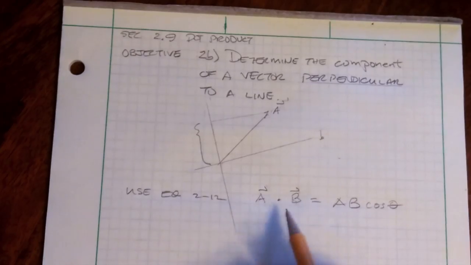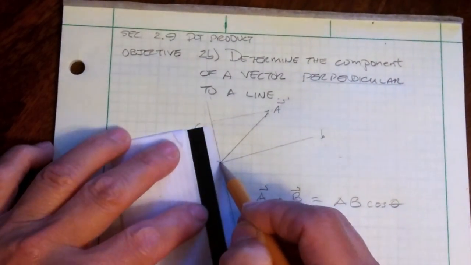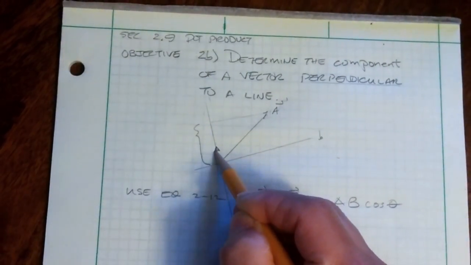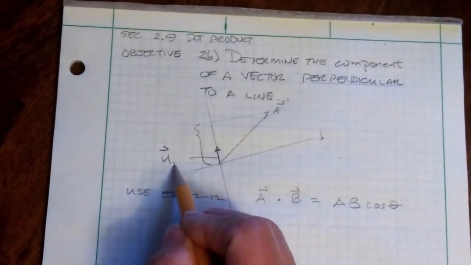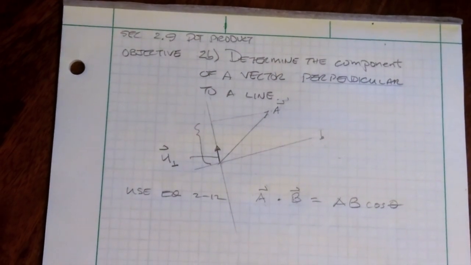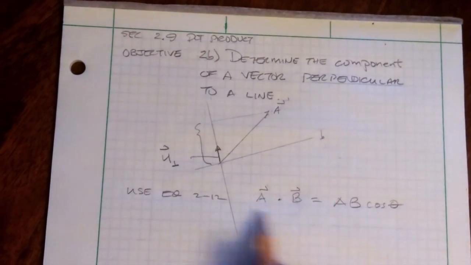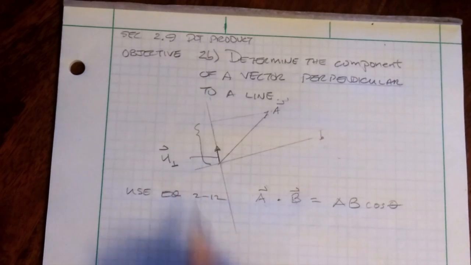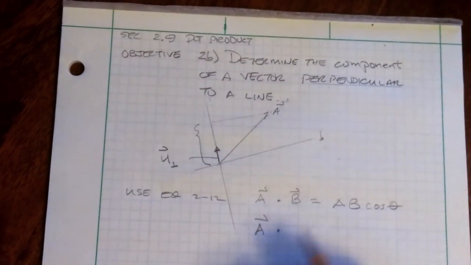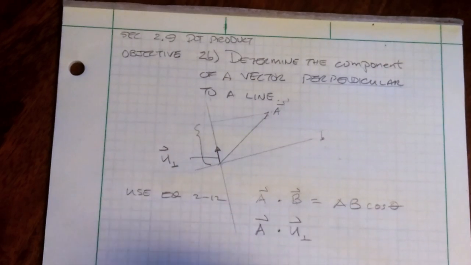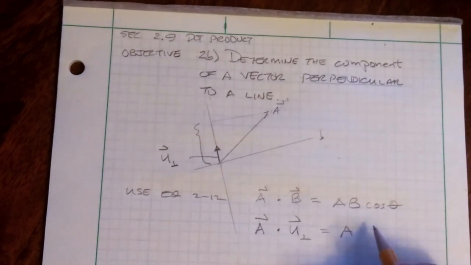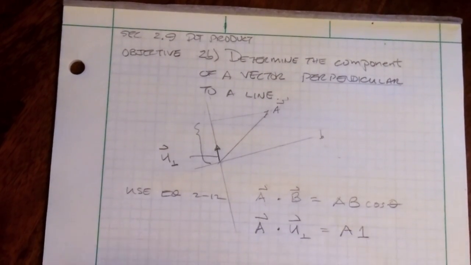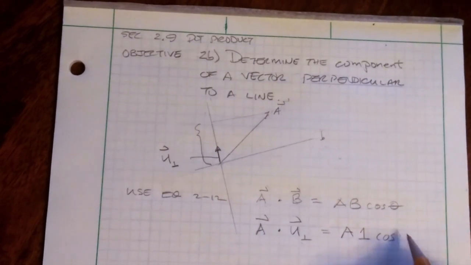Now we are interested in this unit vector, U, and we'll just put a perpendicular subscript. So we rewrite this equation for this situation, and we get vector A dotted with the perpendicular unit vector, which is equal to the magnitude of A, and the magnitude of this perpendicular unit vector, 1, times cosine theta.